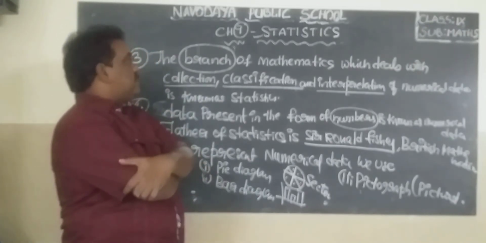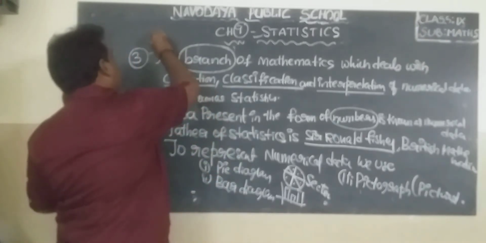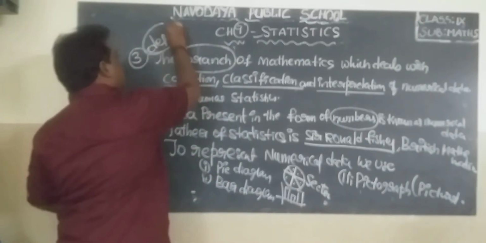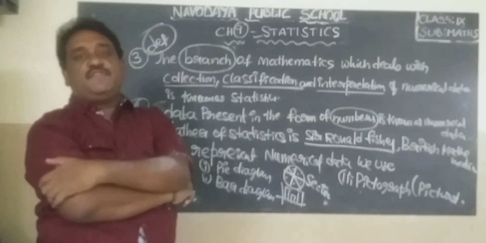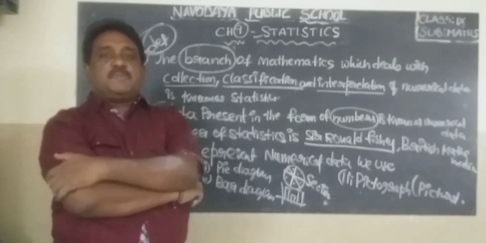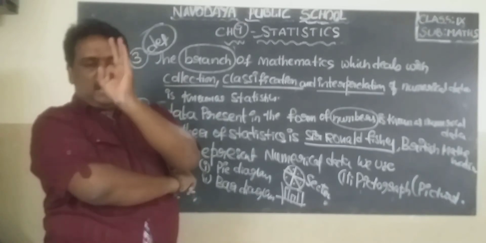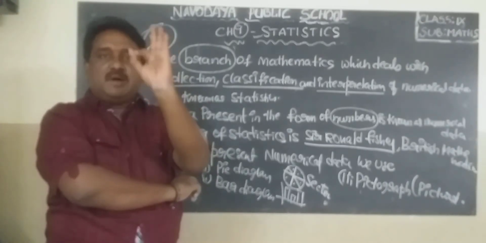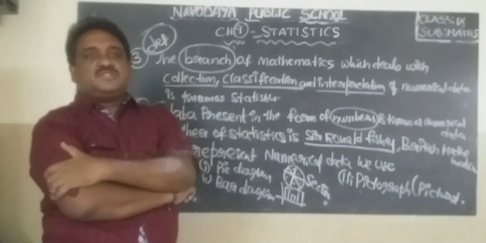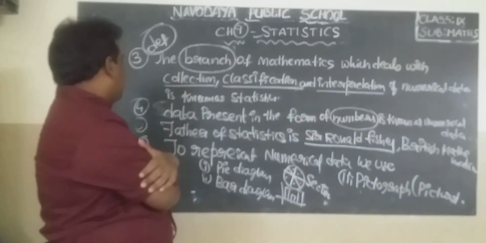So, what is the third point? Definition. This is the definition of statistics. The branch of mathematics which deals with collection, classification and the interpretation of numerical data. Statistics deals with numbers only.